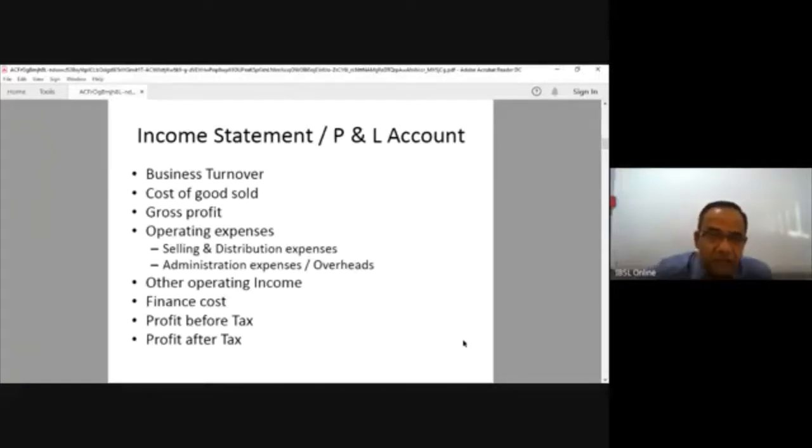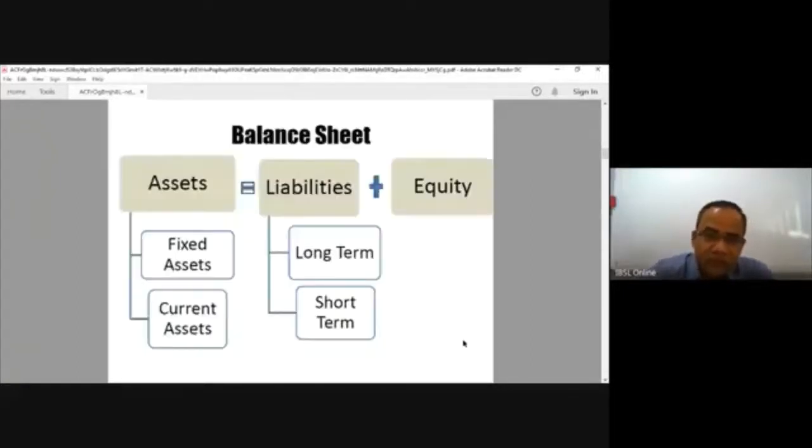So I told you the basics of the balance sheet is that you get two sides of the balance sheet. One is asset and the other side is liability. Now on both sides, the asset side will normally consist of fixed assets and current assets, and on the liability side you will have long-term or short-term liability plus equity.